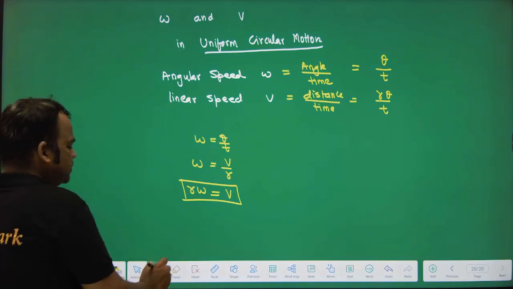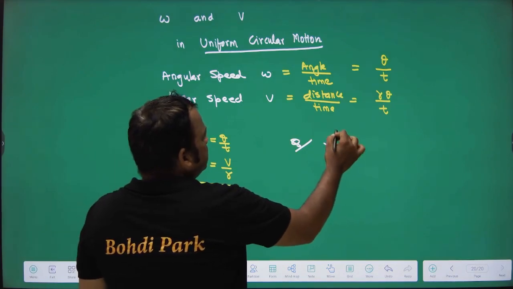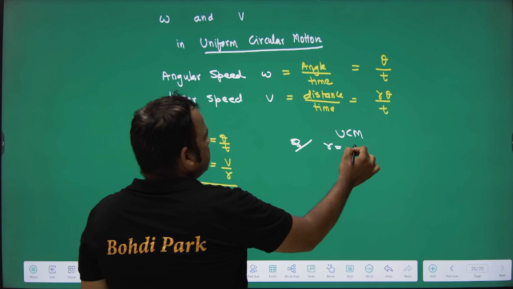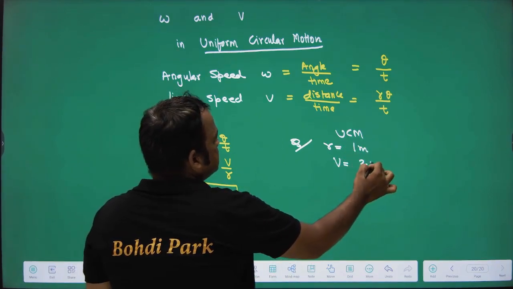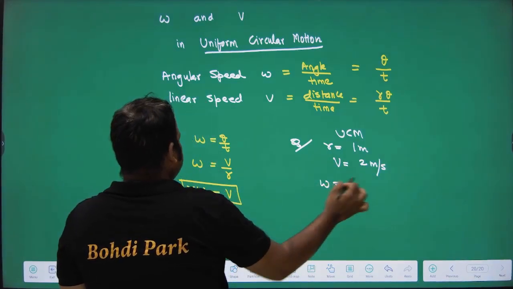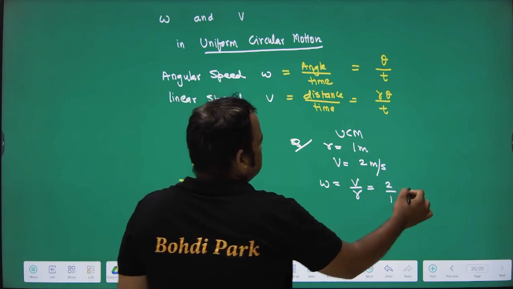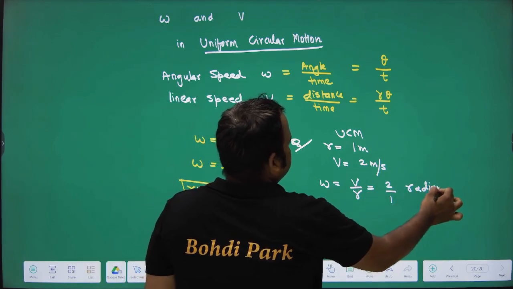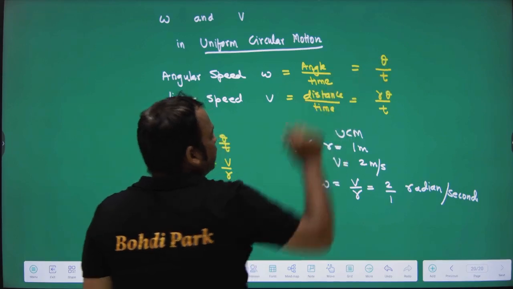Suppose for example in a question in uniform circular motion, radius is given as 1 meter and linear speed is given as 2 meter per second. So we can find omega is equal to v by r, so that is 2 by 1. Unit will be radian per second, because omega is angle upon time.